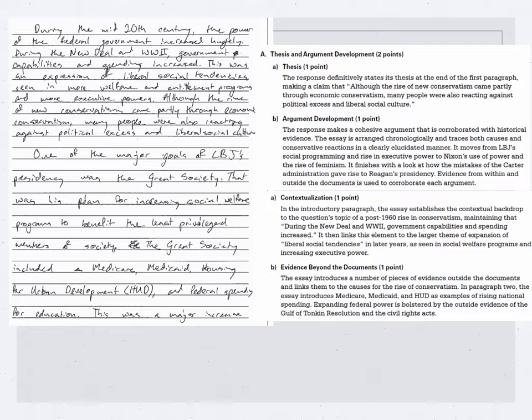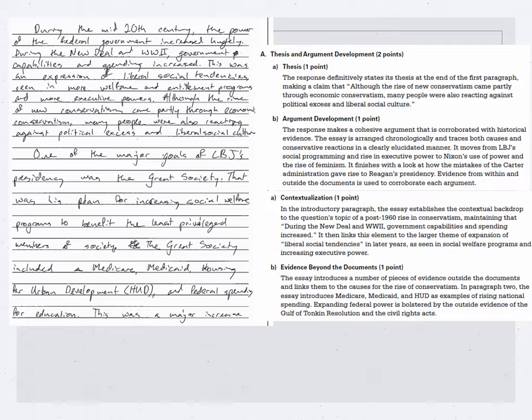And then contextualization. The student in the introductory paragraph is going to achieve the contextualization point. You can see the quote there. During the New Deal and WW2, government capabilities and spending increased.